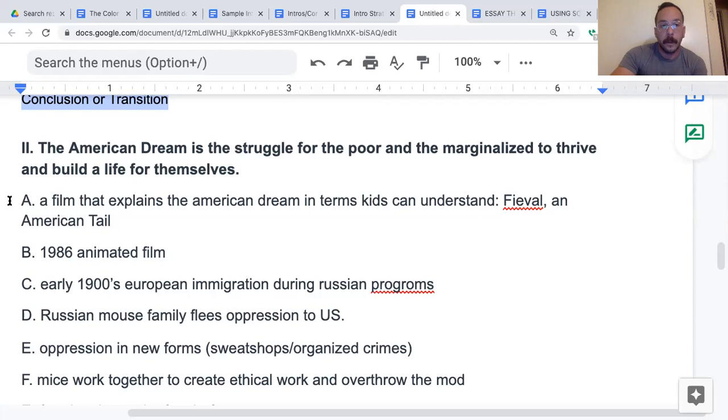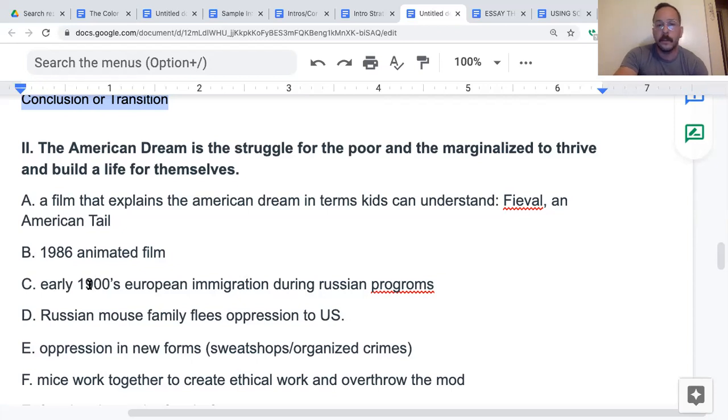A film, Fievel is a film, so this is my formal outline, but it doesn't need to be written in full sentences. A film that explains the American dream in terms kids can understand, Fievel, An American Tail. It is a 1986 animated film. I need to include contextual information, introductory information.